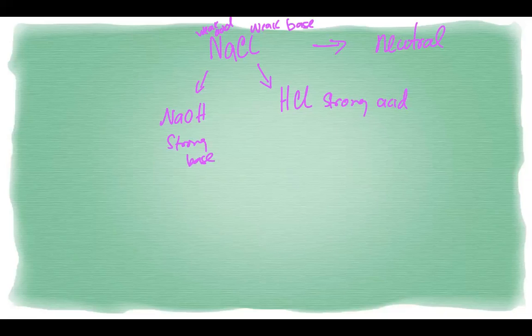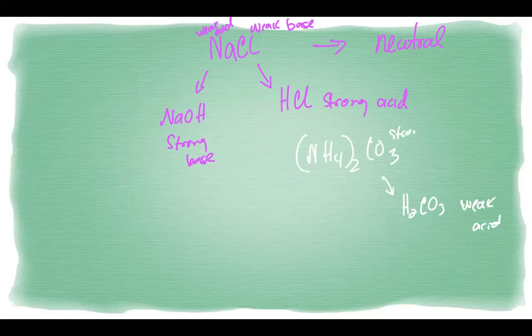If you have, for example, let's do NH4 2CO3. CO3 comes from carbonic acid, which is a weak acid, which means CO3 is a strong conjugate base.